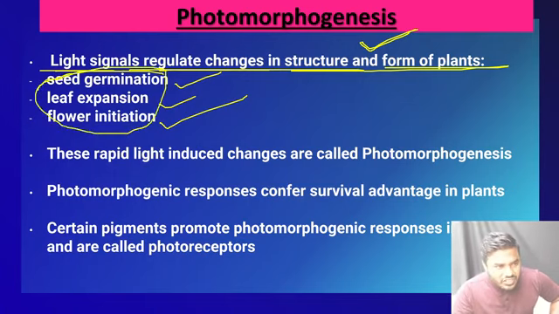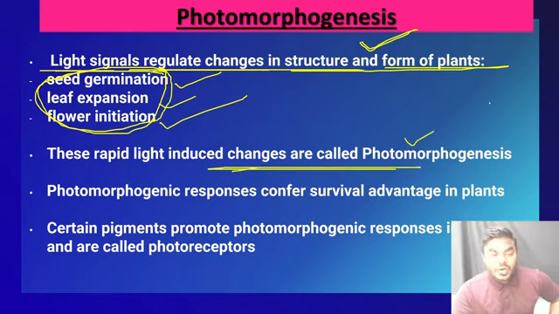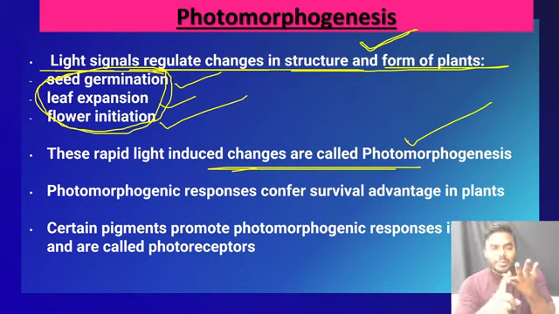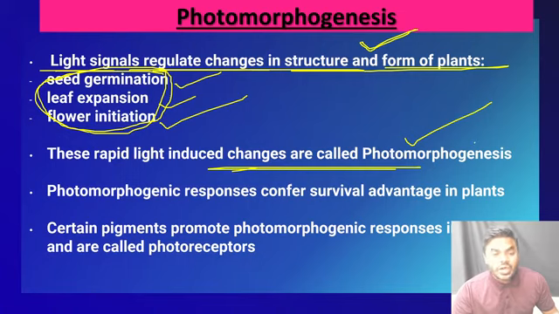All these changes and processes occur with the help of light. That is exactly what we call photomorphogenesis. The processes of seed germination, leaf expansion, and flower initiation, which are exclusively mediated by light, are what we call photomorphogenesis.